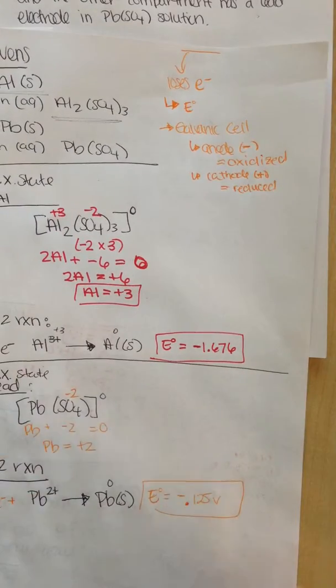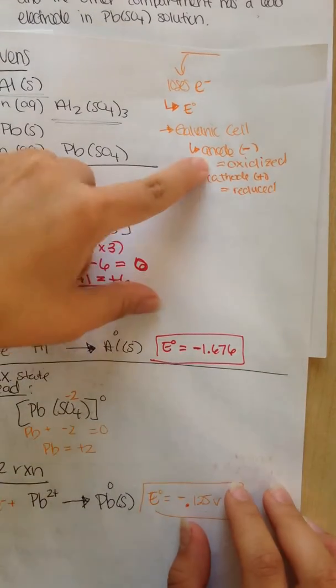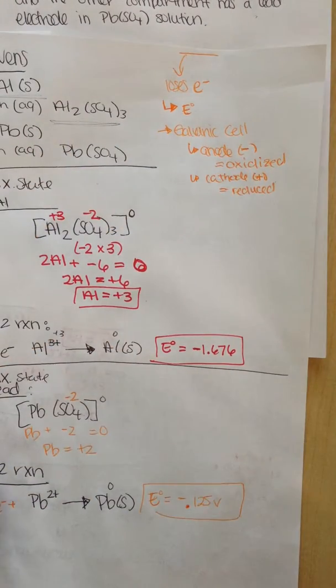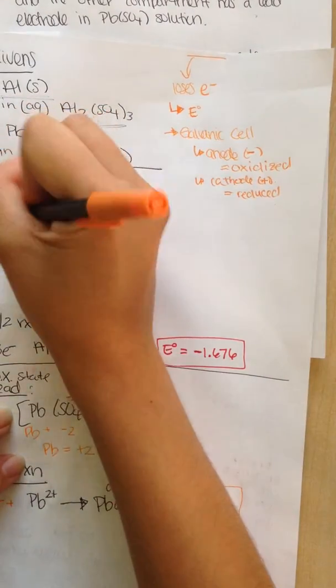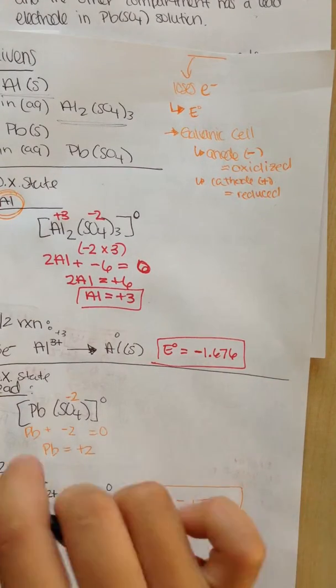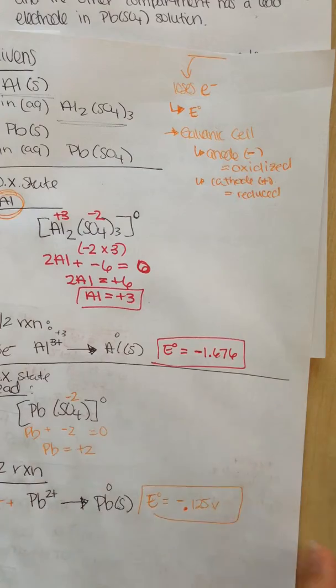So which one is more negative? That is the anode, which is equal to the oxidized one. So as we can see, aluminum is more likely to be oxidized.